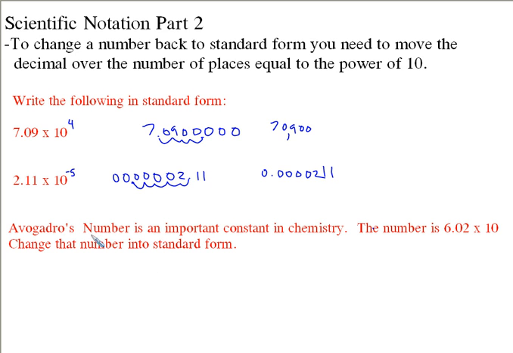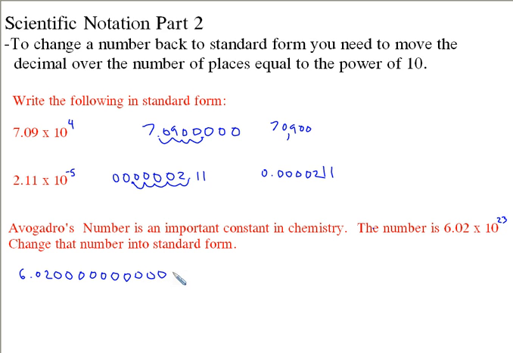Now, I mentioned this before, Avogadro's number, that's going to be 6.02 times 10 to the 23rd. It's an important constant in chemistry. That number is just something that would be really hard to write out, but we could do it if we wanted to. We would just do 6.02, and then we just add dozens of zeros.